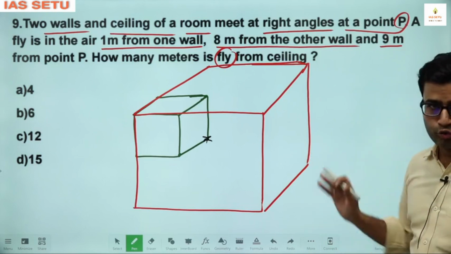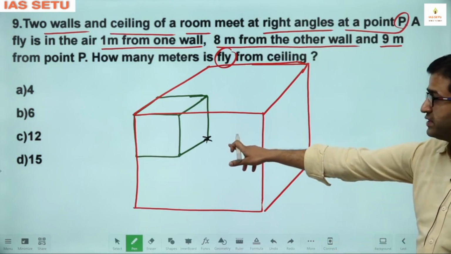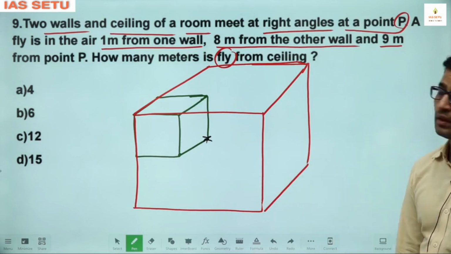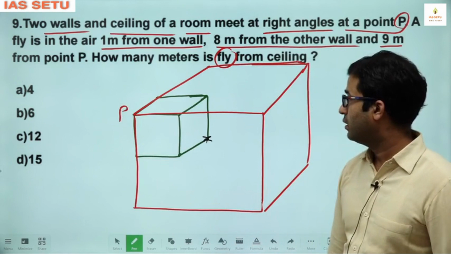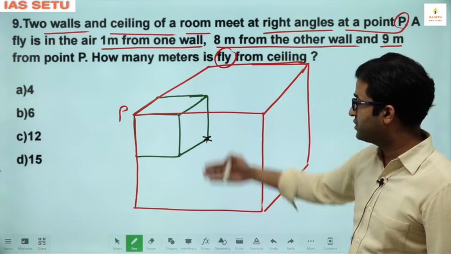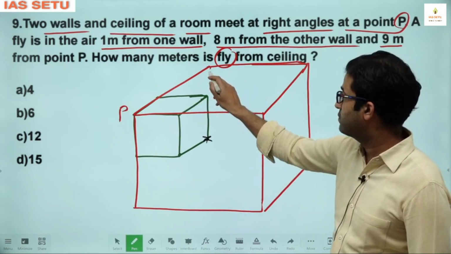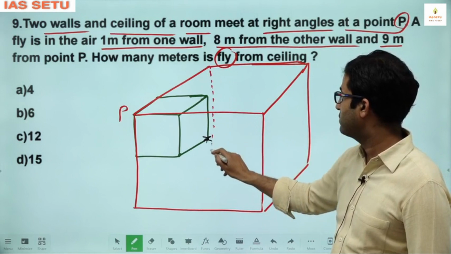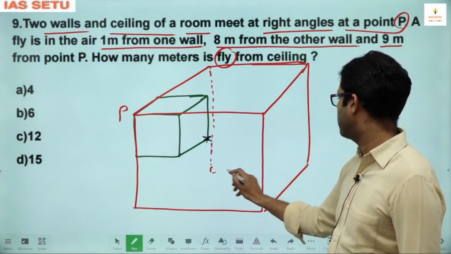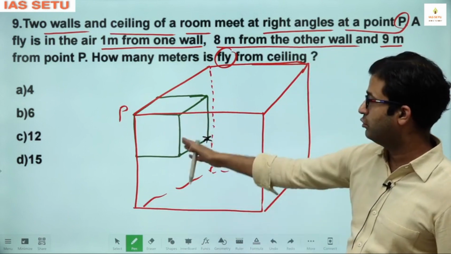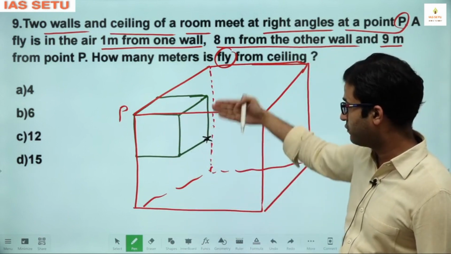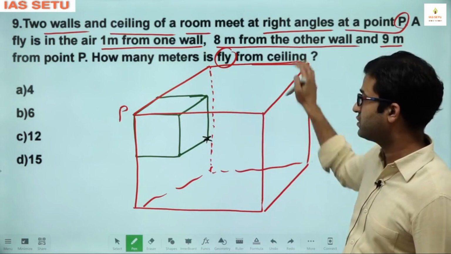The red one is the room, and this is the position of the fly. This is the point P. This is the first wall. This one is the second wall, the dotted line, and this is the front wall, and this is the ceiling.